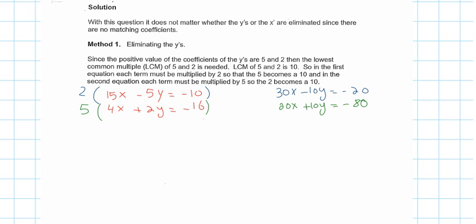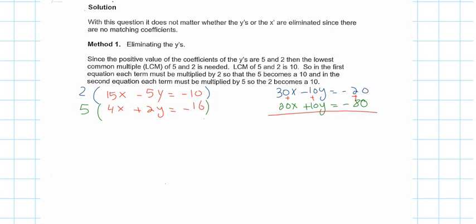So all you have to do in this case, because they have the opposite sign, is add. Remember how in the previous one we subtracted, right? In this case you add because they already have the opposite sign. Okay? So because the negative 10y has the opposite sign, I just have to add the two equations in the system.